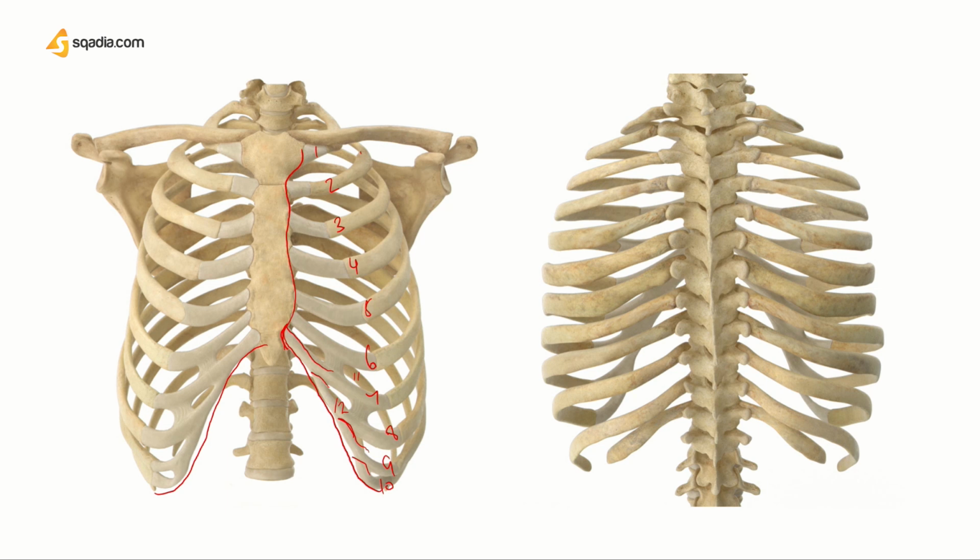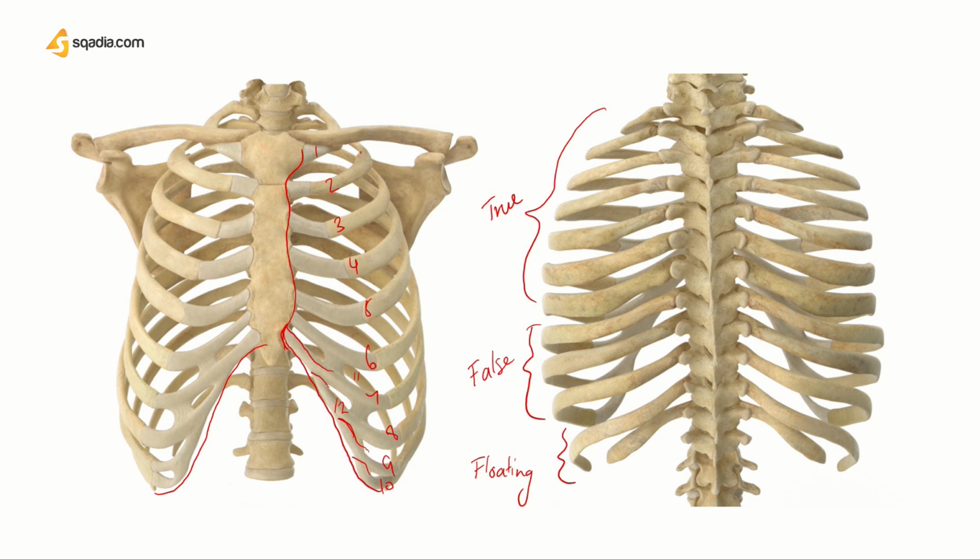Okay, so let's summarize that again. Ribs 11 and 12, these are floating ribs. Ribs 8, 9, and 10, these are called false ribs. And ribs 1 to 7 are called true ribs.